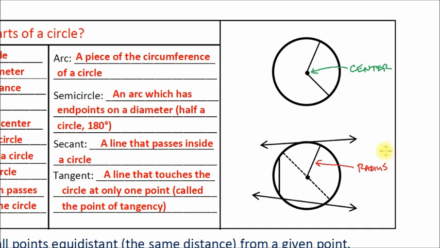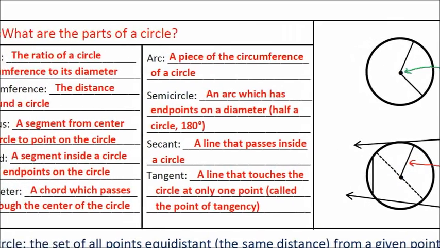And class, I could draw a radius anywhere on the circle. In fact, this line right here, this segment is a radius. This segment is a radius. If I just go from the center to this side or this point on the circle, that's a radius. So a radius can go any direction inside of a circle. It's the distance from the center of the circle to a point on the circle.